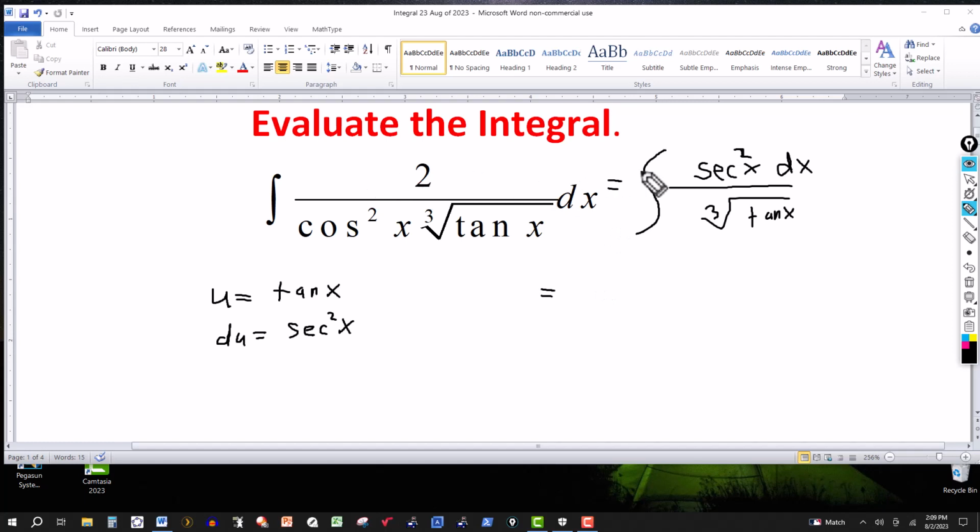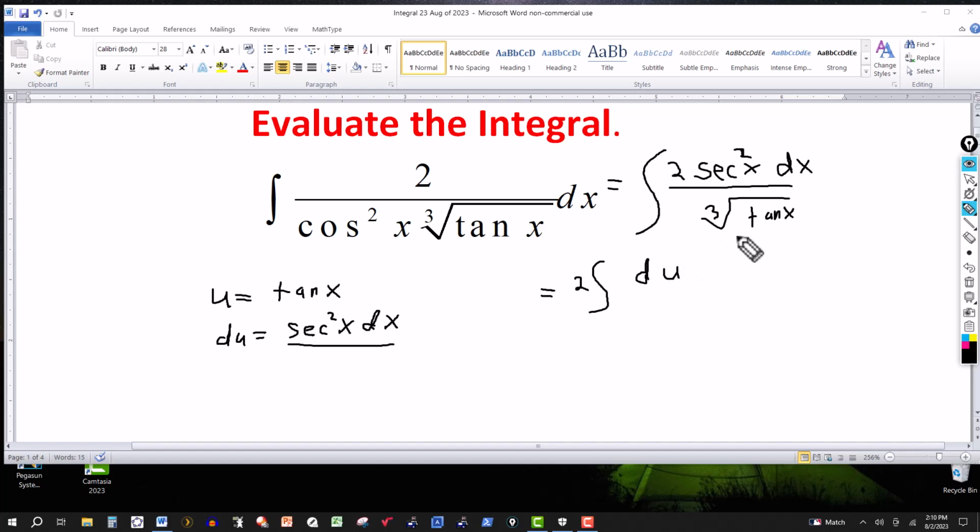And I've got my 2 here that I forgot, so this goes out up here. And I know that secant squared dx in the numerator can be replaced by du. And I just go ahead and put my 2 out in front here.